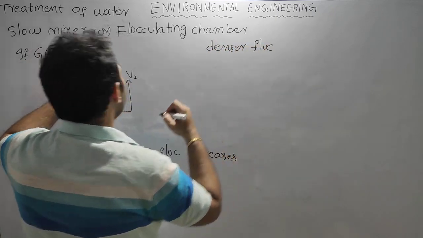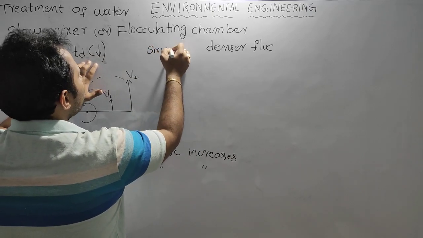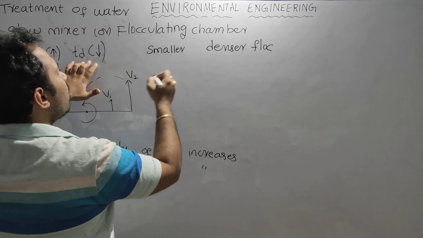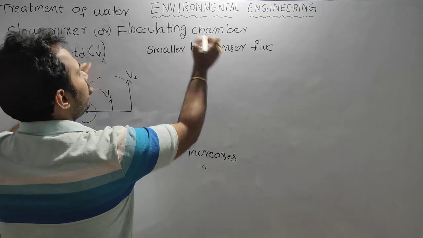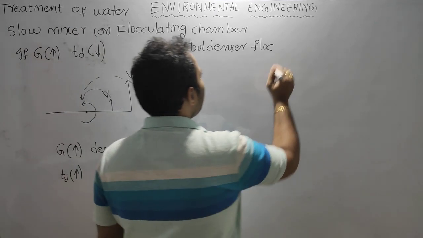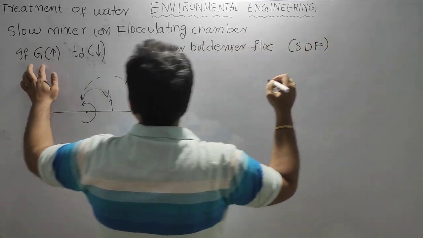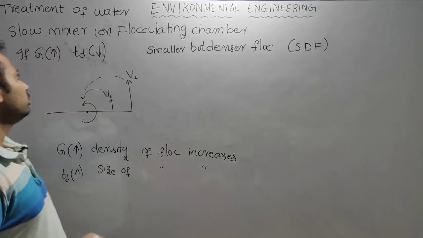But a small time duration is given, that means we will get a smaller flock. Smaller but denser flock we will get. So SDF, small denser flock, will form when G is more and TD is less.